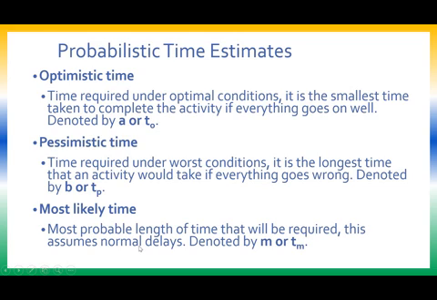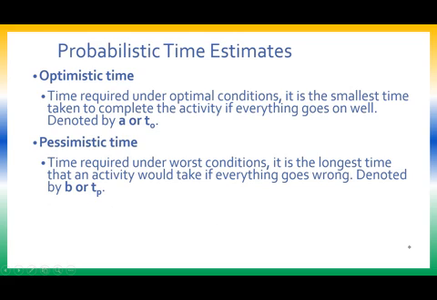So I assume that only normal delays happen. And what will be the time estimate or the time duration required for the activity? That is called the most likely time estimate. We denote it by M or TM, most likely time. Okay? Hope the concept is clear.